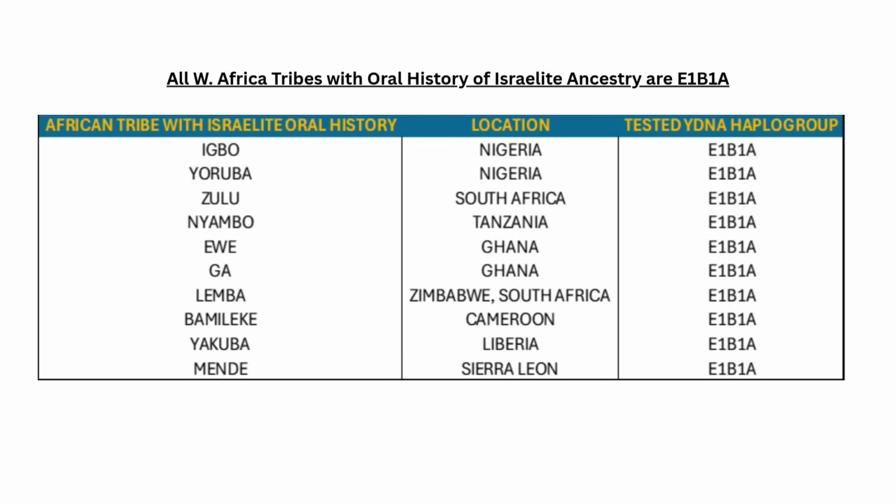So whether the slaves went to Brazil, the U.S., anywhere else in the Caribbean, the represented Y-DNA haplogroup within that population is E1B1A, tying back to the Deuteronomy prophecies that very clearly stated that we would be enslaved again, this time by ships.